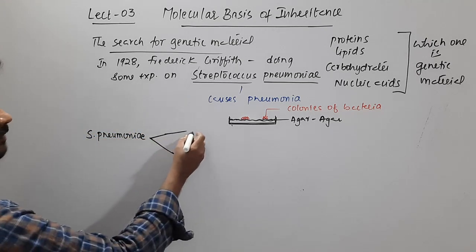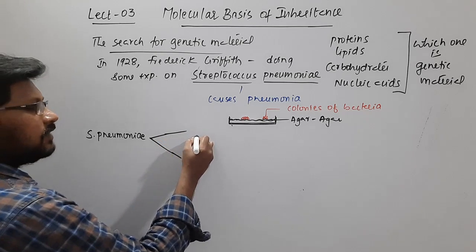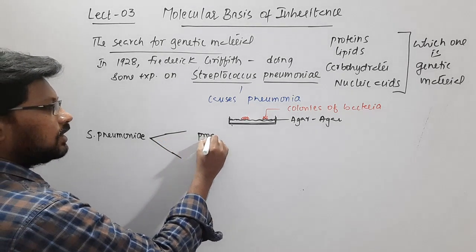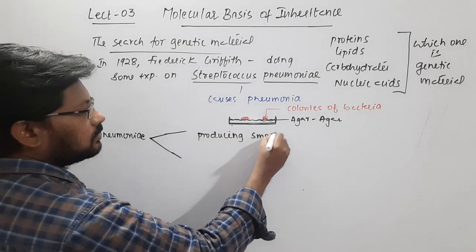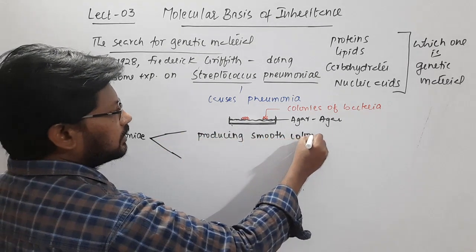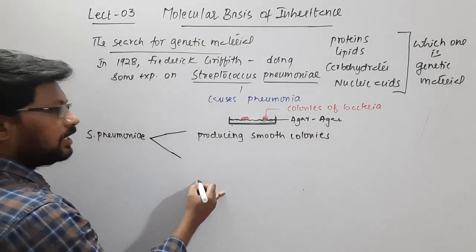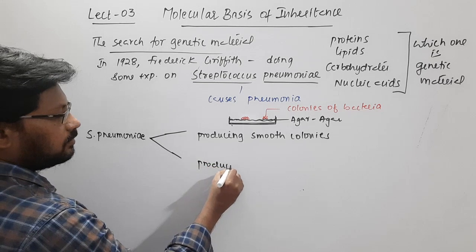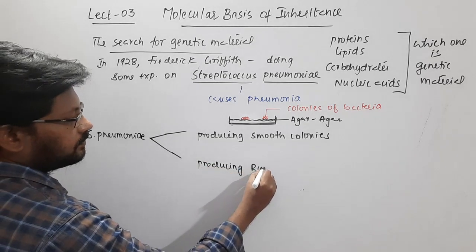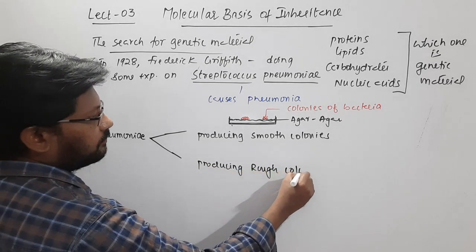He found two strains of this bacterium. One strain is producing smooth colonies, and another strain is producing rough colonies.